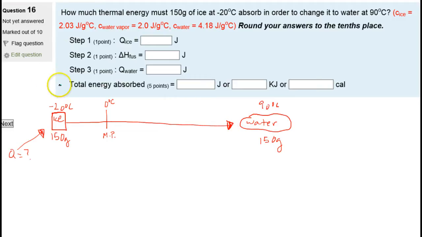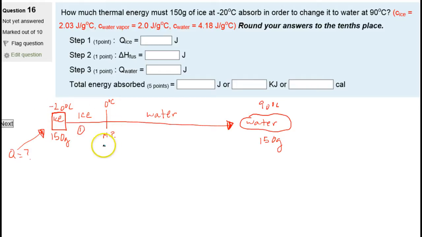If we take a look at this, between negative 20 and 0, we've got ice, and between 0 and 90 we have water. So what we will first have to do in step 1 is calculate how much thermal energy the ice will absorb as it goes from negative 20 to 0.